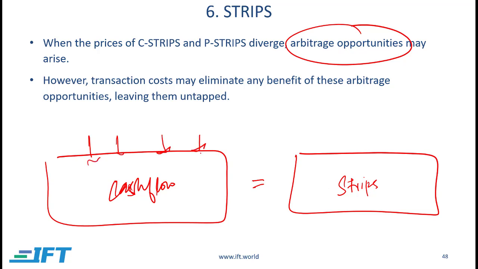So you could exactly replicate that using strips and then see if they are at the exact same price or not, because two identical cash flows should have the same price. If they're not, that means there's an arbitrage opportunity and you could make a risk-free profit here if the transaction cost for buying and selling those securities is less than the difference in their price.